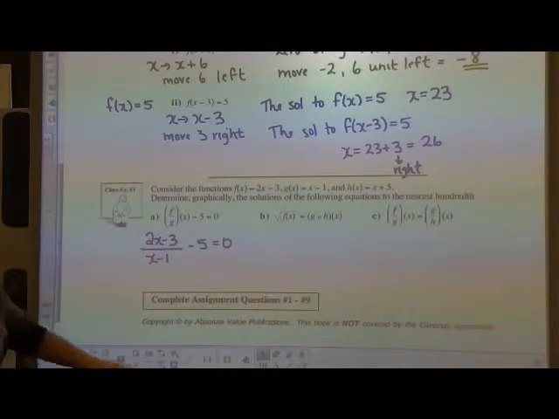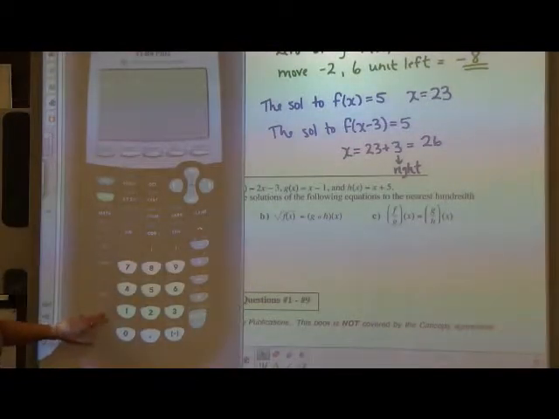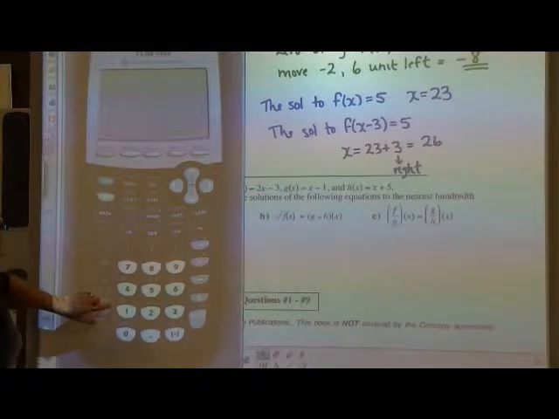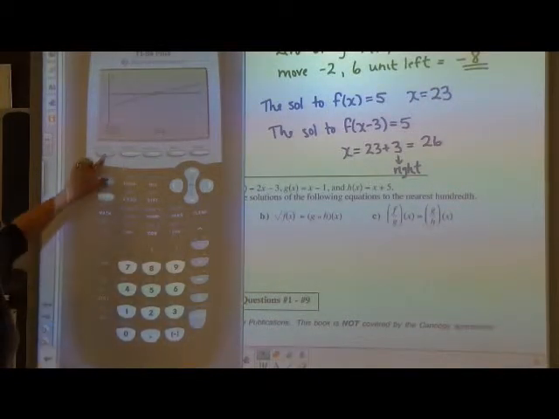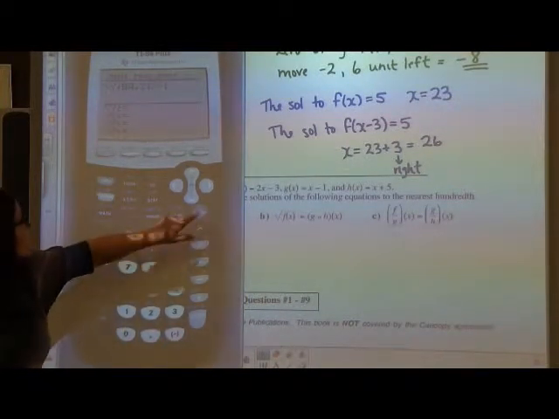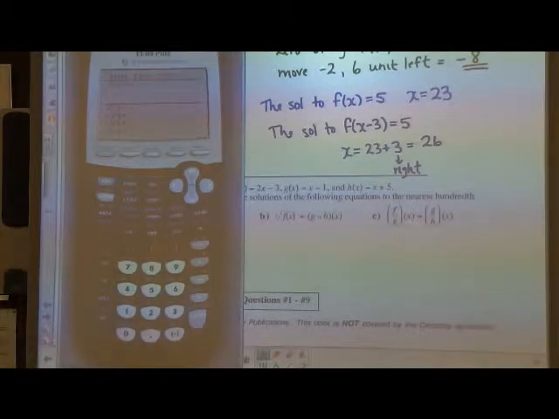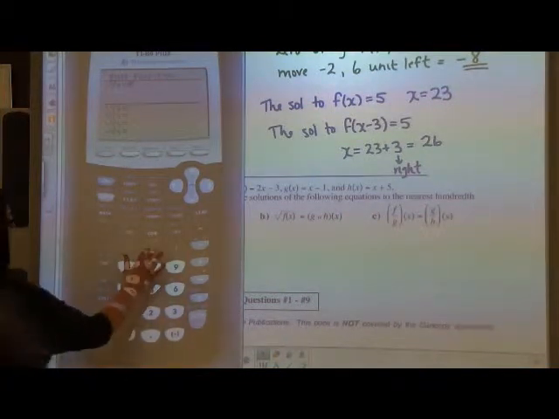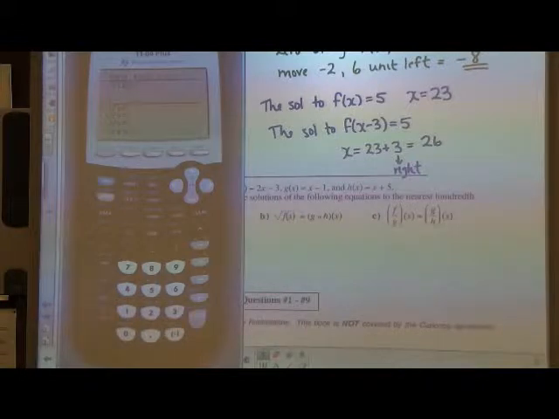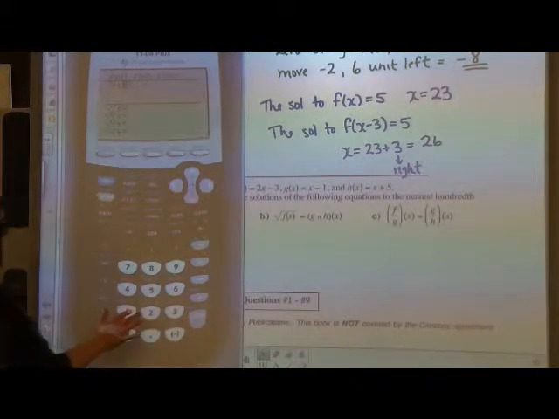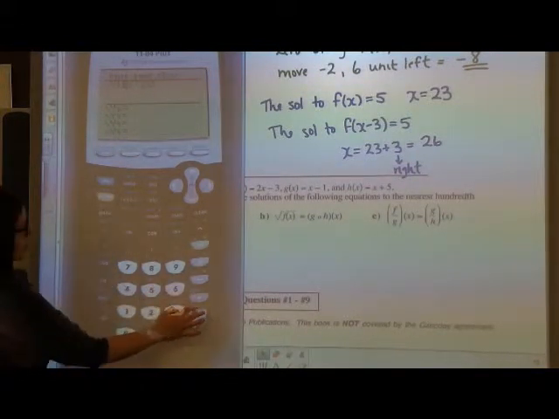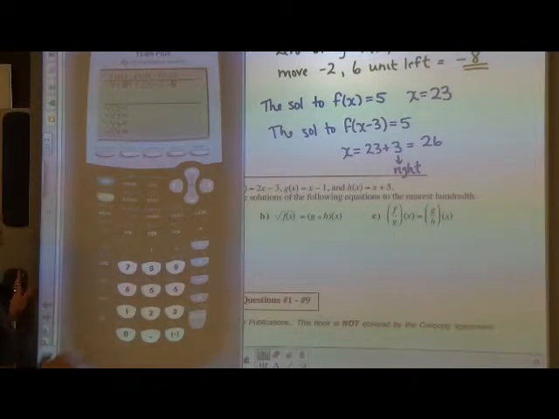There's 2 ways I could do this. So the first way is if I type it in as I see it, I need to put in a double set of brackets to start off with. So then I open up the brackets, 2 of them. 2x minus 3 is the first one.